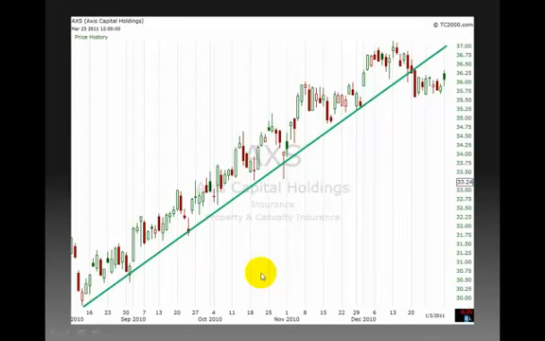As you can see here, we have a nice trend line. In the course, I also teach a method of trading dynamic support, but I'm just going to show you here a nice trend line. The trend line's obvious if you look at the stock, but what I want to show you is the candlestick.